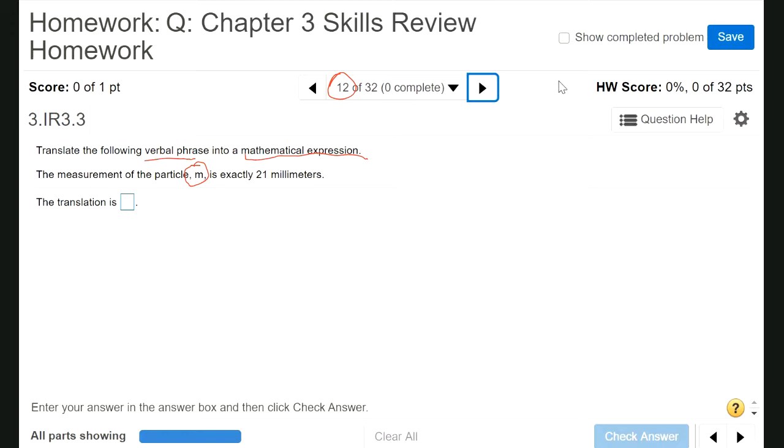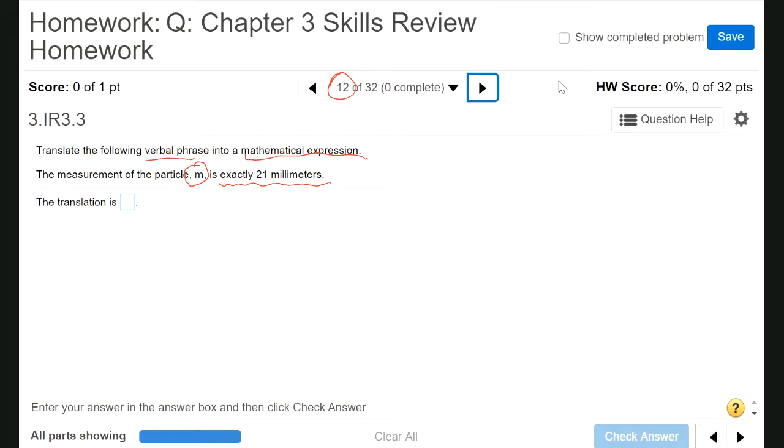This says is exactly 21 millimeters. So for ours, when it says it's exactly 21, that just means it's equal to it. So this one would be m, and that should be lowercase. I don't know why it looks like a capital M, but it should be lowercase.